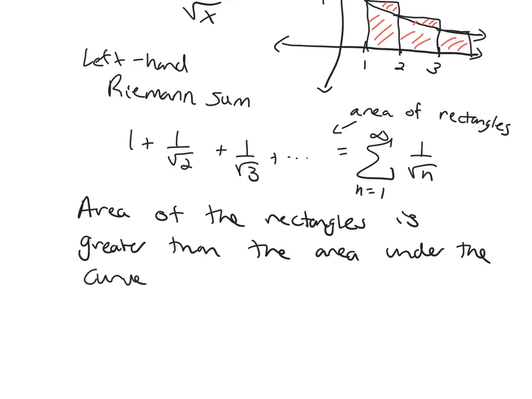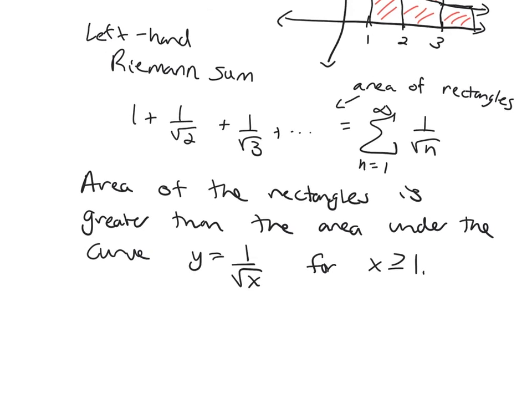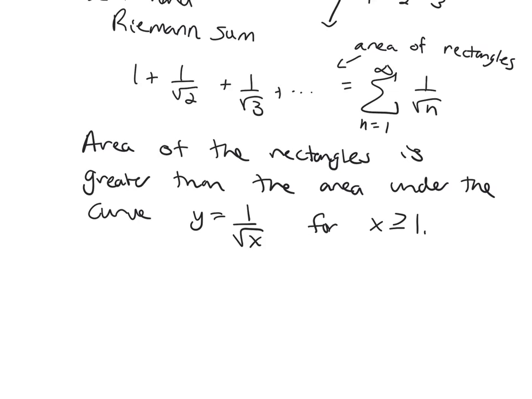And so that's why the area under the curve is less. The area of the rectangles is greater than the area under the curve y equals 1 over the square root of x for x greater than or equal to 1. So the statement is saying I now have a lower bound for the area of my rectangles, and that's the area underneath the curve. So let's compute the area underneath the curve.